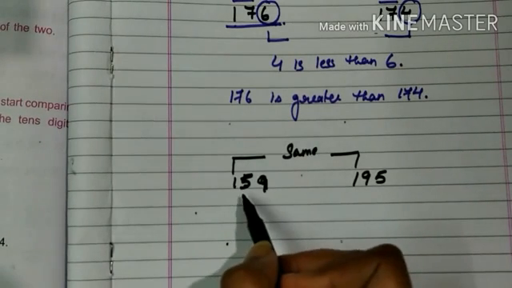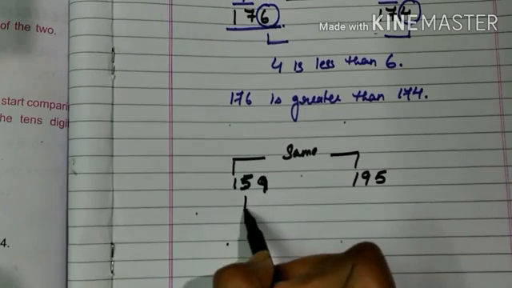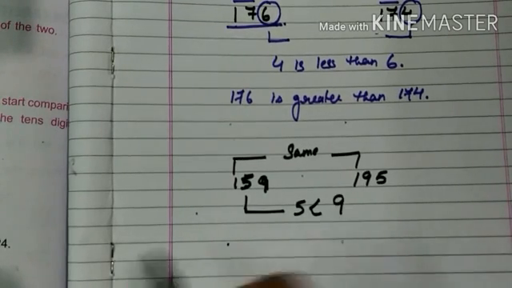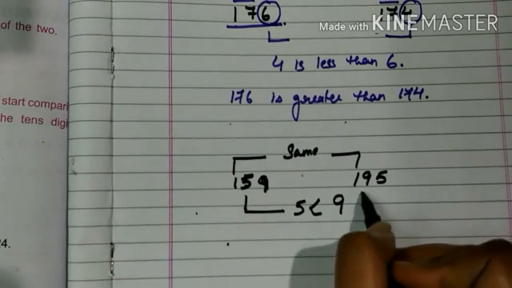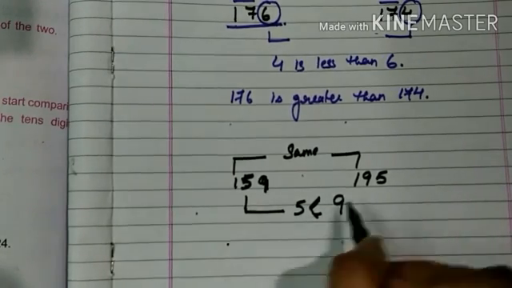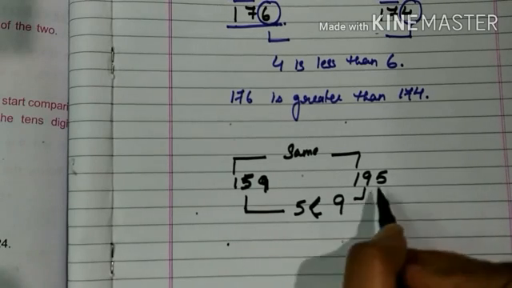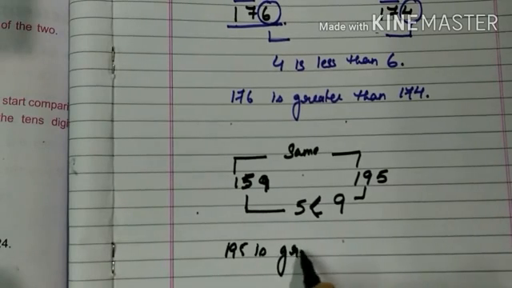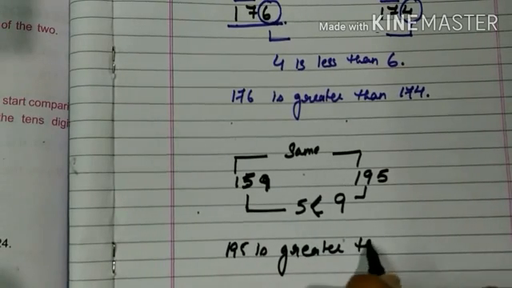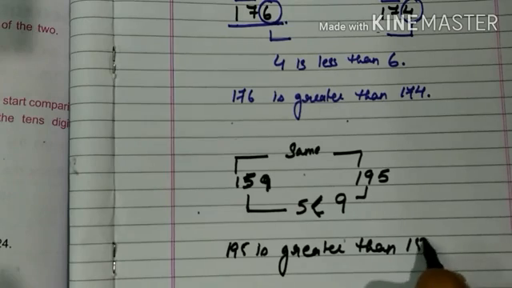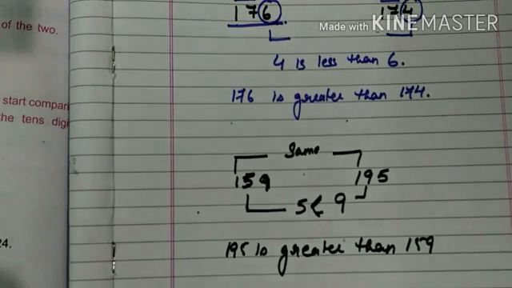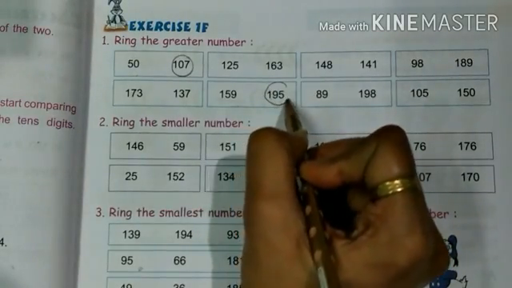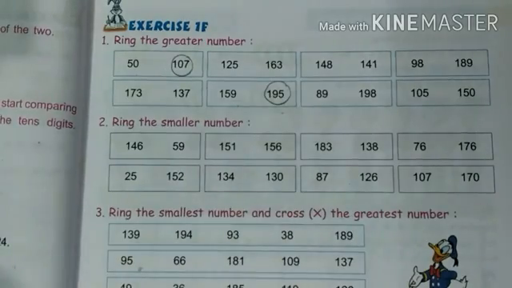Now compare with the tens digit. 5 is less than 9. So 195 is greater than 159. So circle 195. Ring the greater number.